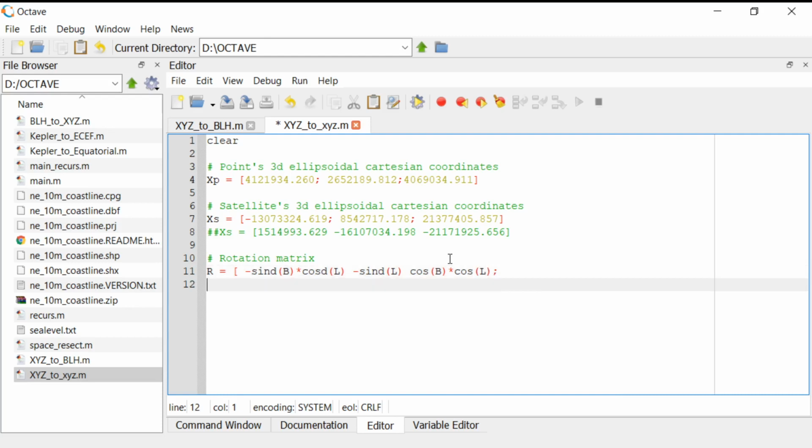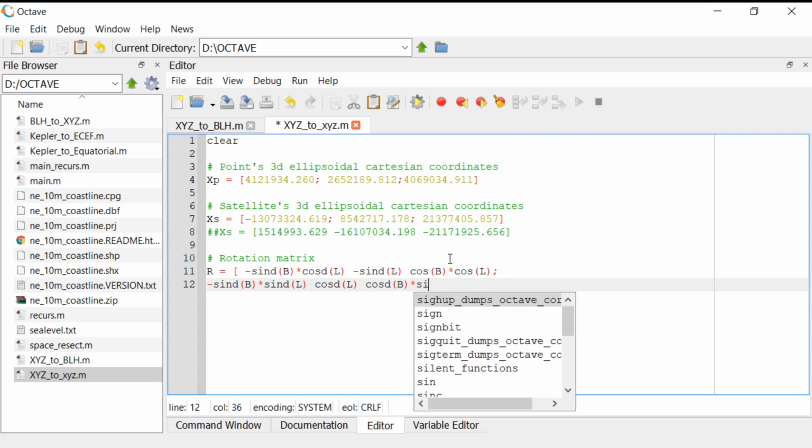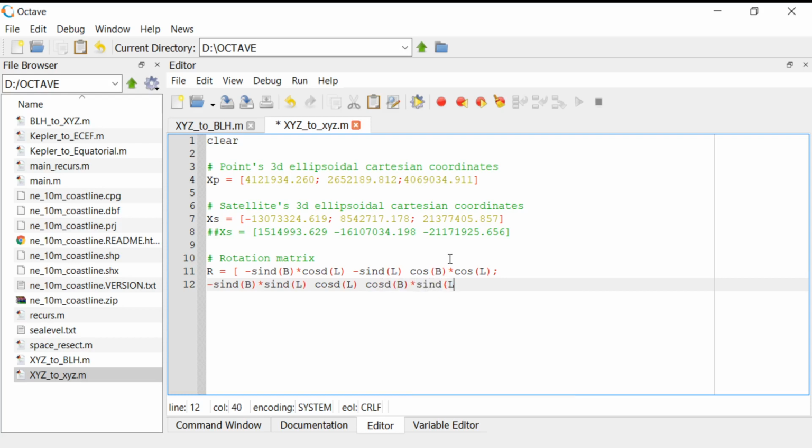Now proceed to the second row. It is minus sine dB times sine dL. The second component will be cosine dL. And the third one will be cosine dB times sine dL.